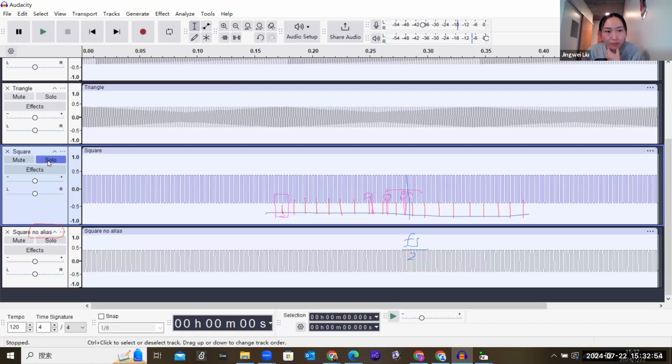But when we play this one, it only contains the harmonic series of the fundamental frequency.